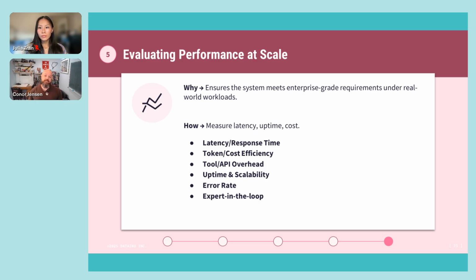So again, you really need to be looking for these things, both in the development phase, but very much in that test phase, before you start rolling these out at scale. The tool API overhead, right? I talked about that in terms of accessing a demand forecast or something like that. How much am I calling a specific tool? How much am I calling a specific API? Are those APIs developed to be able to do that?